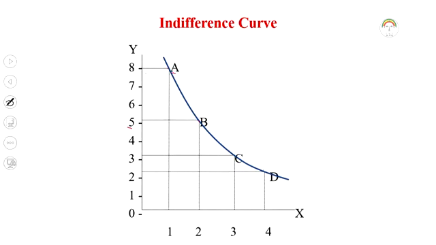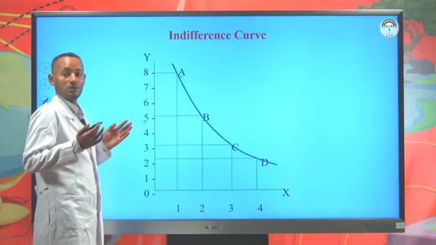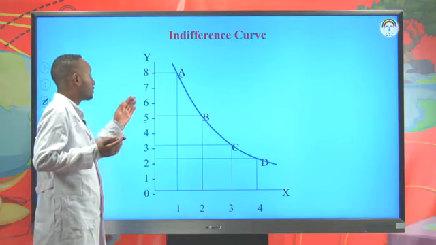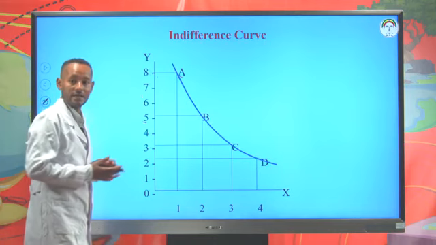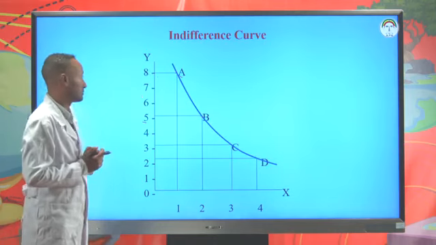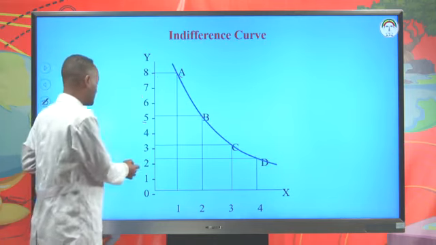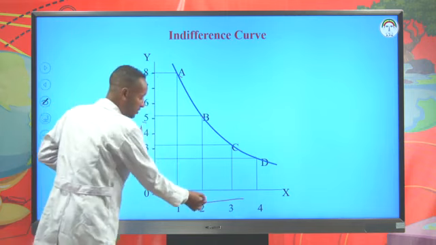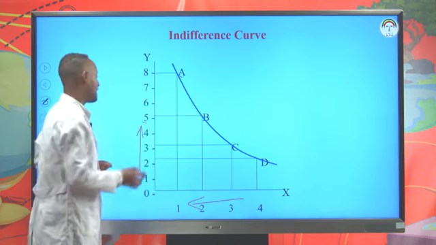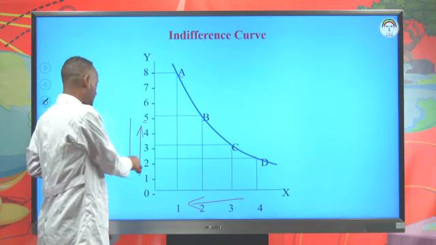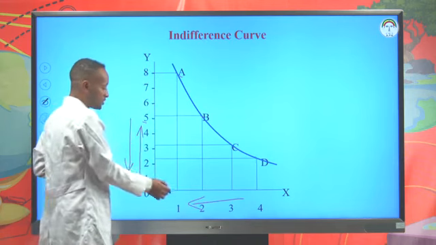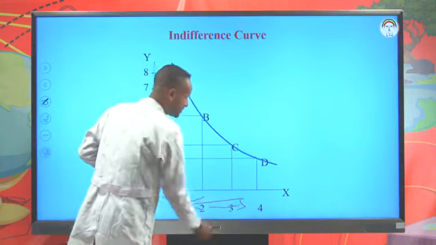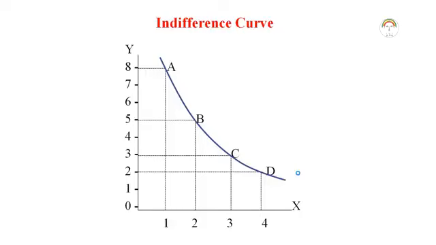The indifference curve is a downward sloping curve or negatively sloped curve due to an inverse relationship between the two variables that are entered in the x and y axes. As we increase consumption of commodity y, we are declining consumption of commodity x, and as we decline consumption of commodity y, we are increasing consumption of commodity x.